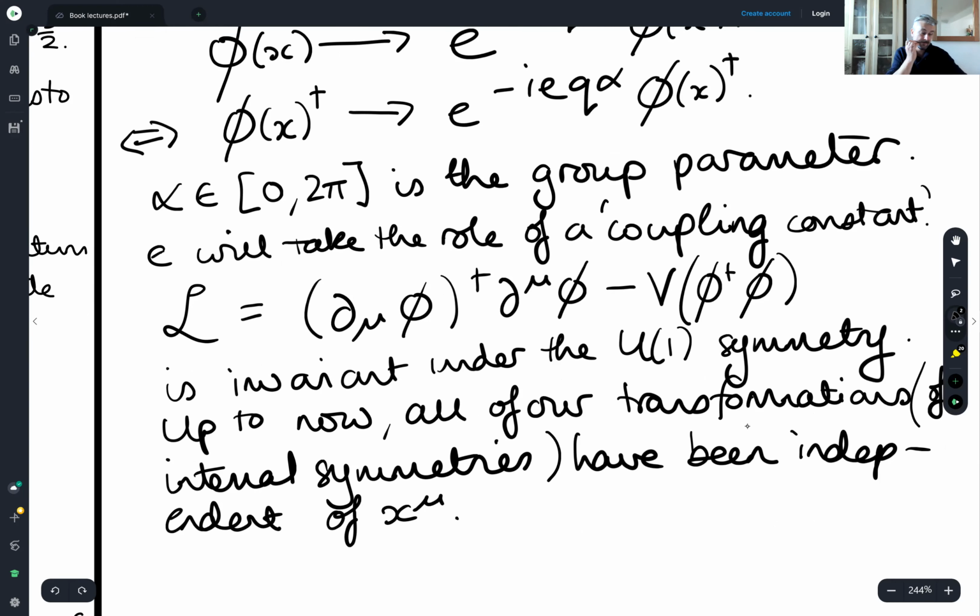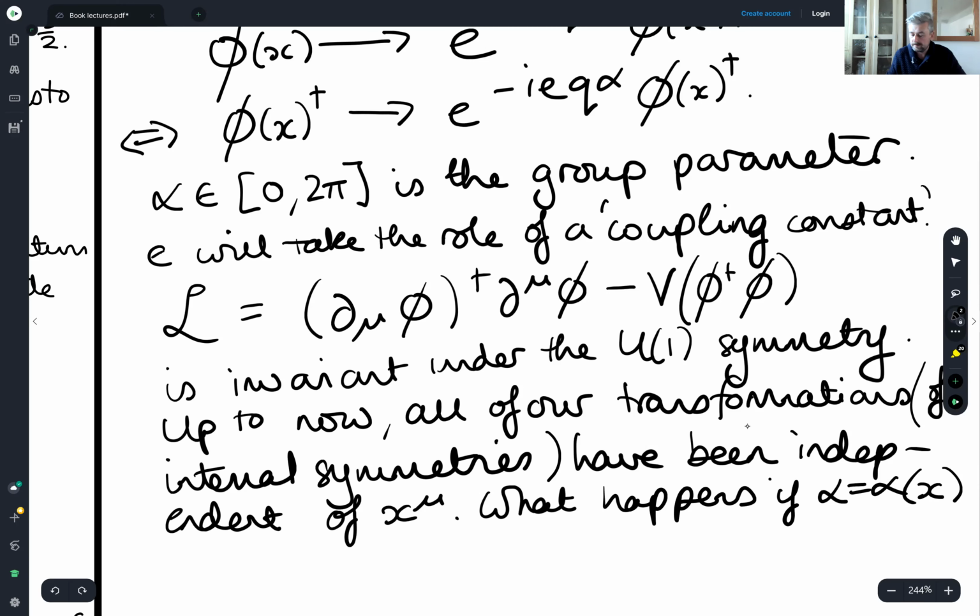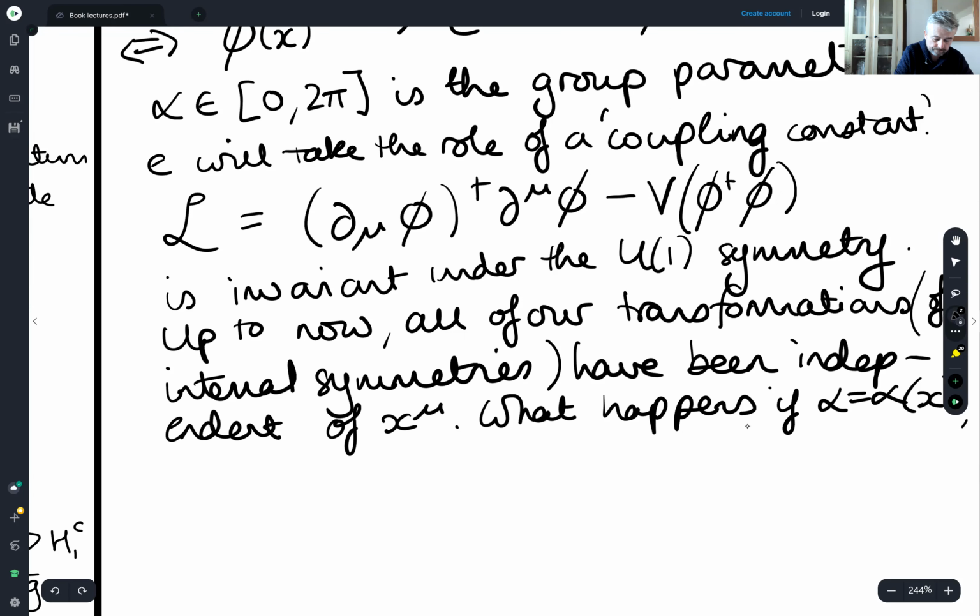But what happens if we try to make alpha a function of x mu? So I've just indicated it by alpha of x here. So in other words, we're allowed to rotate the field differently at different space-time points.